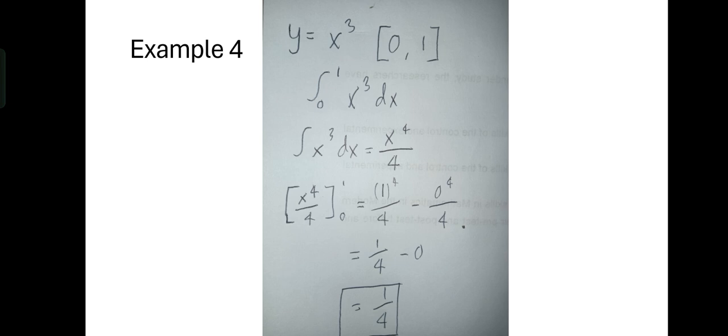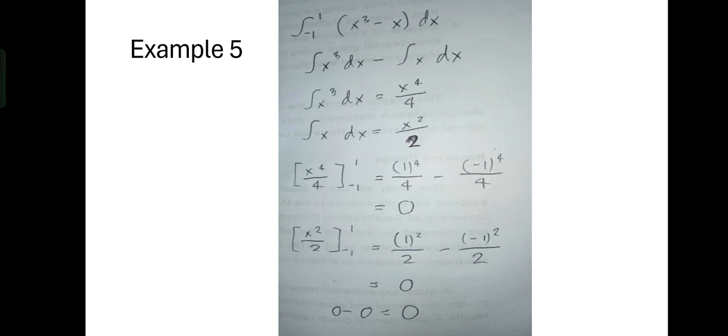And for our last example, we are evaluating a definite integral: the integral of the quantity x cubed minus x with respect to x from -1 to 1. The first step is to split it into two parts.